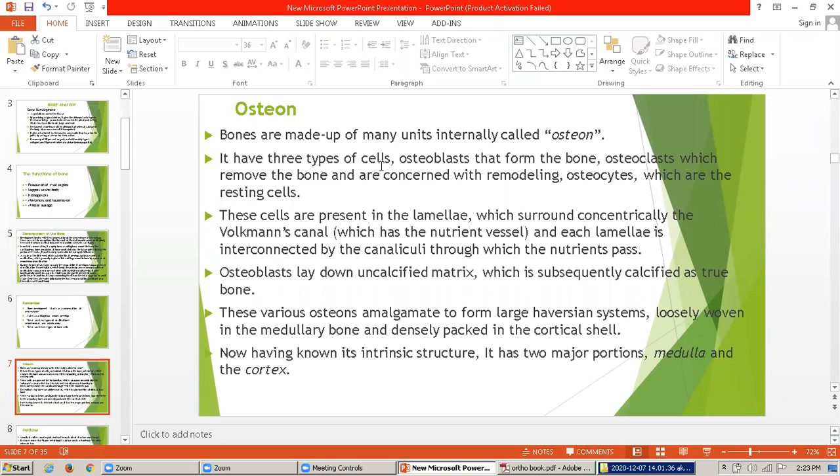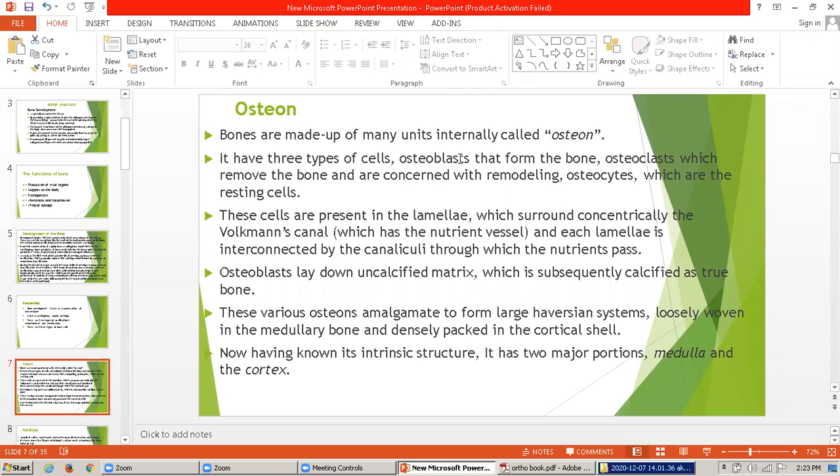It has three types of cells: osteoblasts that form the bone, osteoclasts which remove the bone and are concerned with remodeling, and osteocytes which are the resting cells. So these are the three types of cells: first the osteoblast, then the osteoclast and osteocyte.